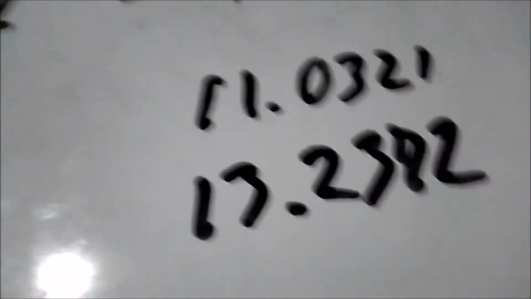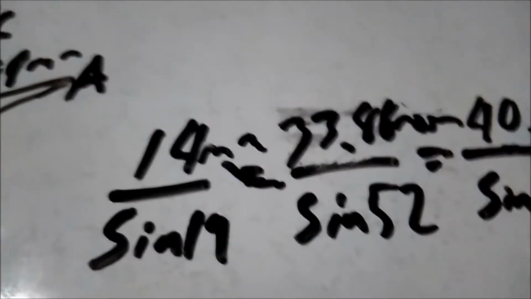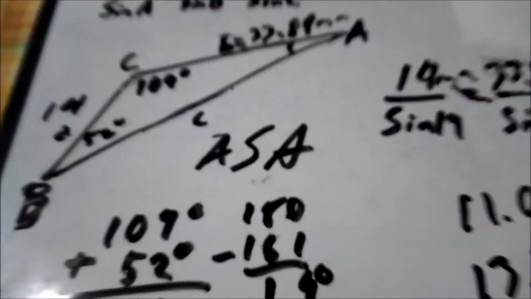So 13.2372 divided by sin 19, and the measurement of this side is 40.65 millimeters. So that's how you get it with the ASA form when you're going to solve it with sine.